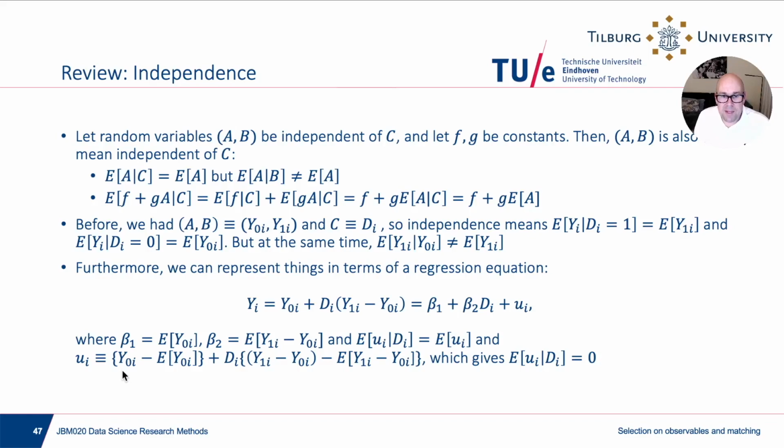When di is equal to 0, it will be simply the difference between y naught i and the expectation of y naught i. And when d is equal to 0, then I'm going to have yi is beta 1 plus ui. So beta 1 is the expectation of y naught i, and ui is going to be y naught minus the expectation of y naught. So it's really, in some sense, tautological what I'm doing here.